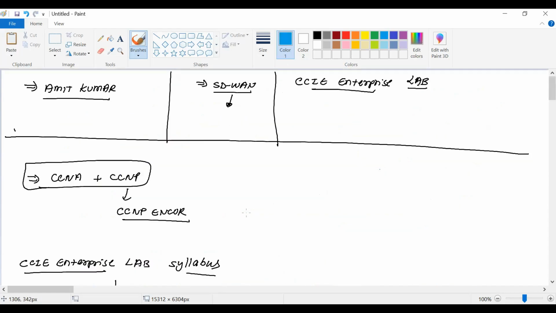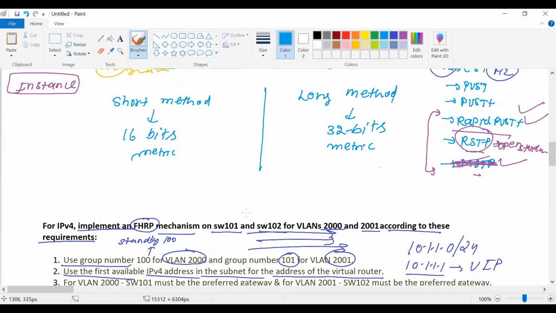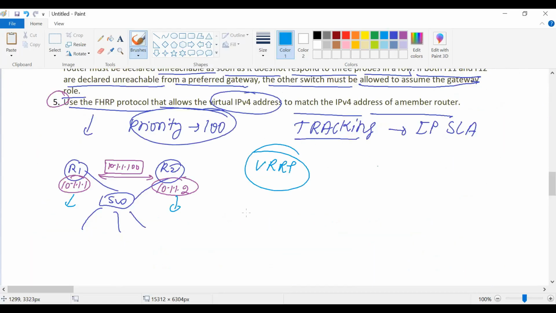Any question for me? You can ask. Let's say, for example, a technology like GLBP and VRRP can do the same thing. No, GLBP is a Cisco proprietary protocol.